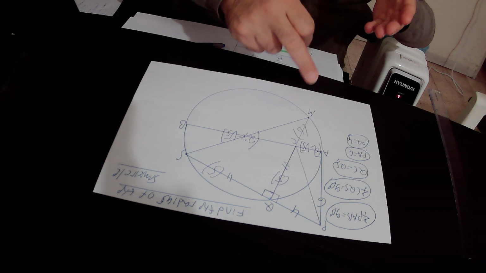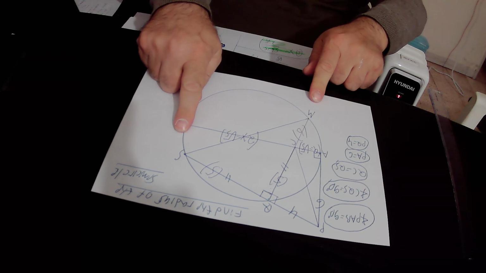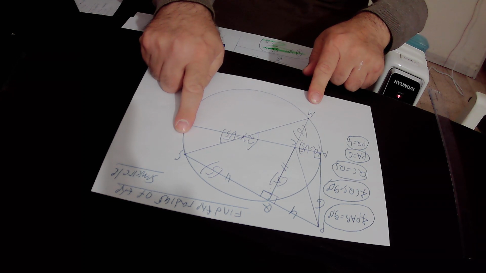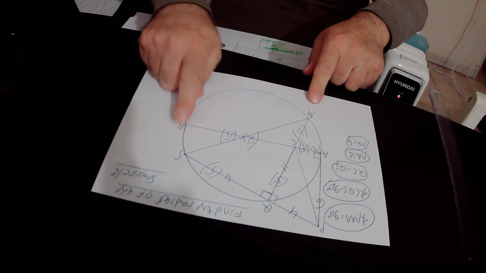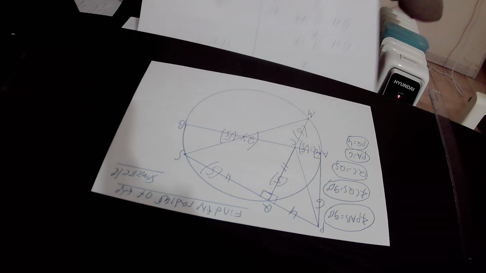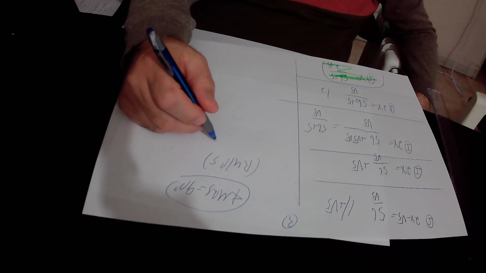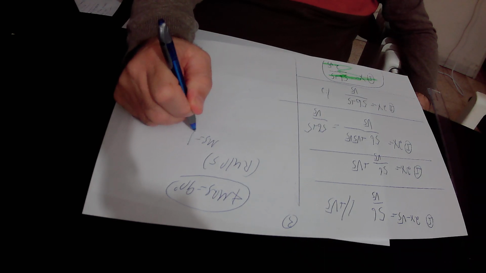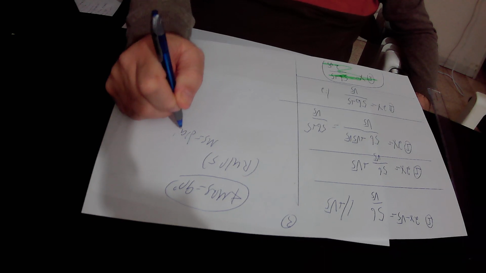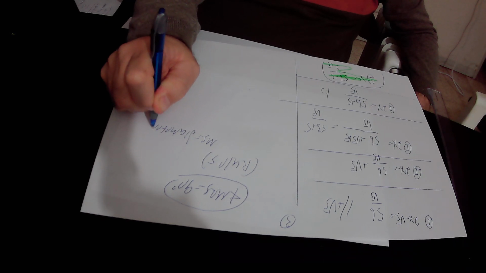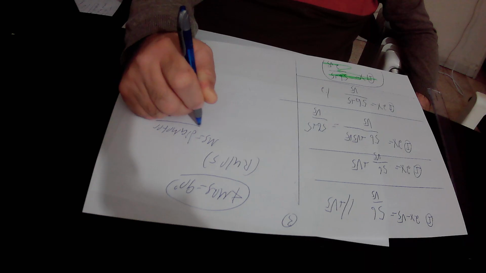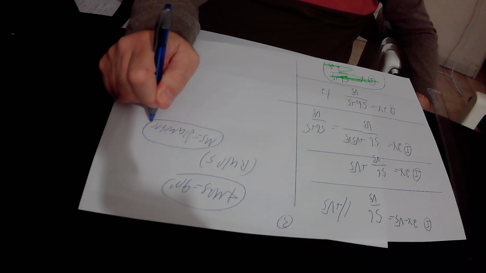This peripheral angle MQS rests on MS, therefore MS must be the diameter of the circle according to rule number 5. So I write it down here that according to rule number 5, MS is the diameter of the circle, or diameter of the semicircle.